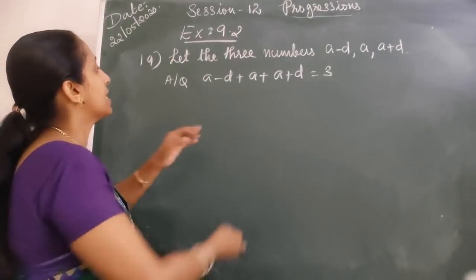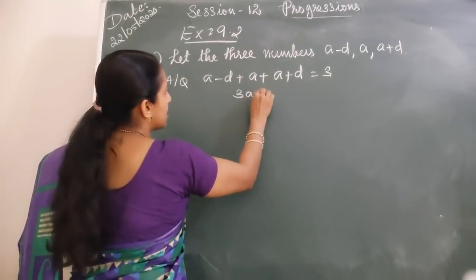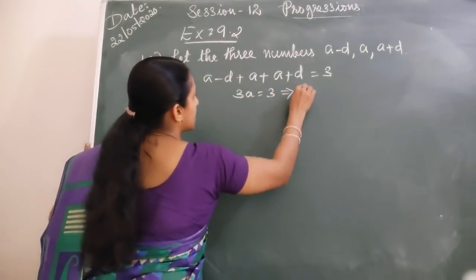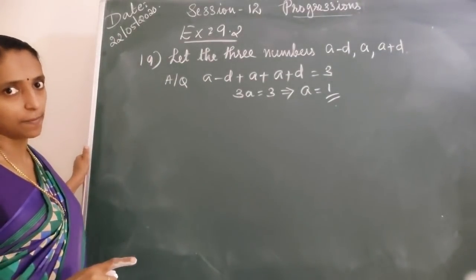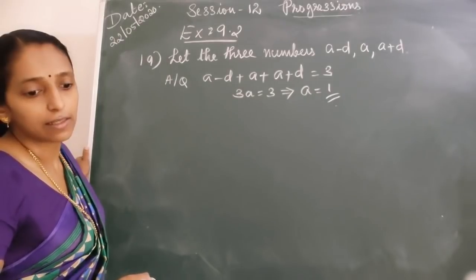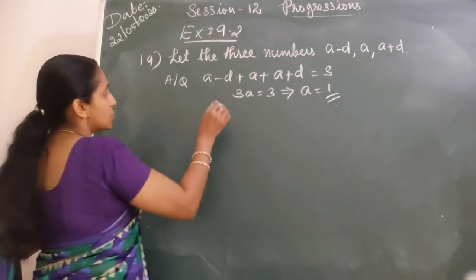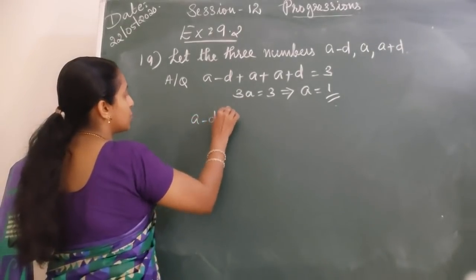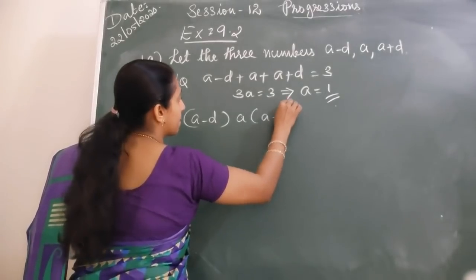After cancelling plus d minus d, you will get 3a equal to 3, which implies that a equals 1. You got a as 1. And the product of these three numbers is minus 35. How will you write the product? So a minus d into a plus d.